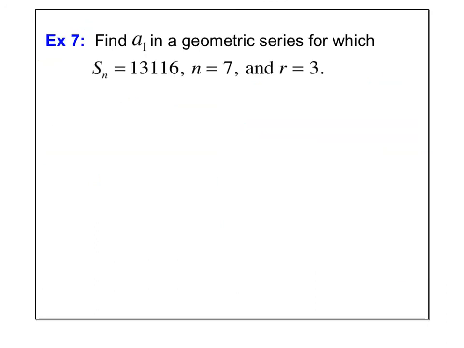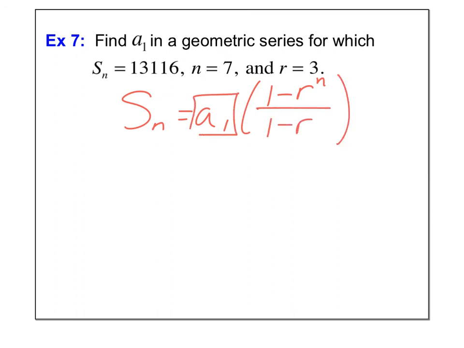Sometimes we would want to know what a sub 1 is in the geometric series for which the sum is given to you, with n equaling 7 terms, and r, your common ratio, is 3. So in that circumstance, we can plug values into our equation. We're after a sub 1 here.